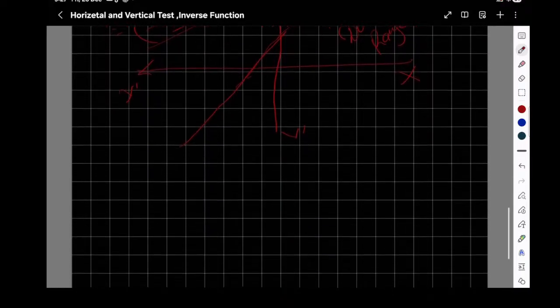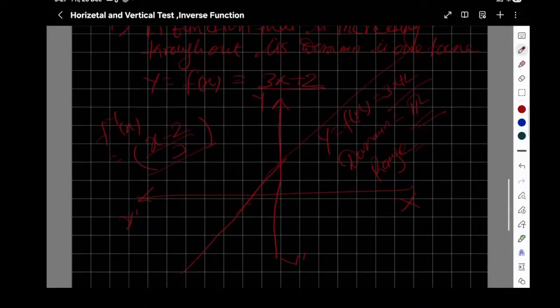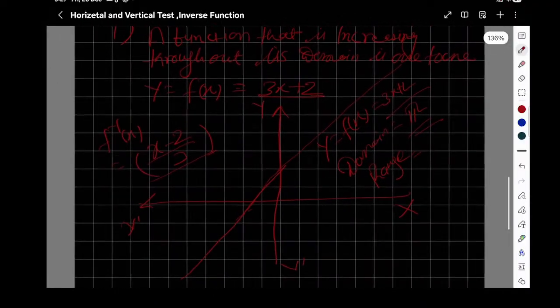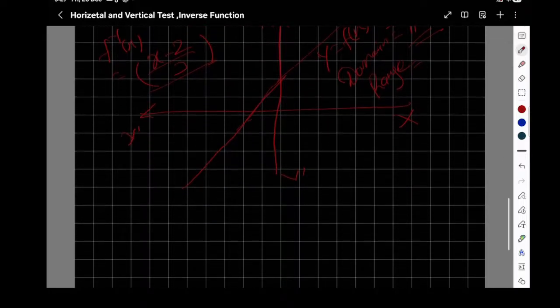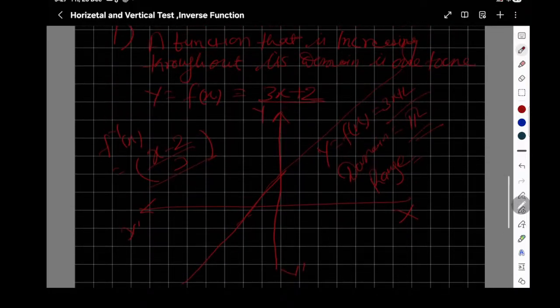This is very important. If the function is strictly increasing, then the function is one to one and defined on its domain, which is all real values.